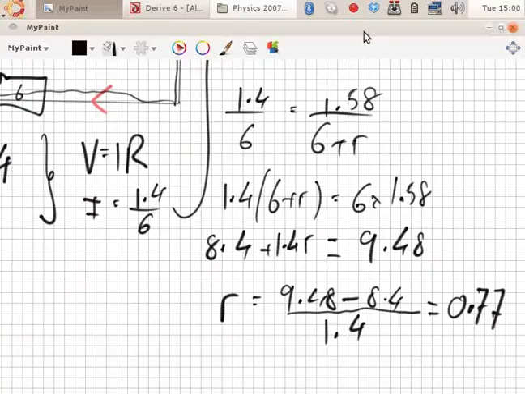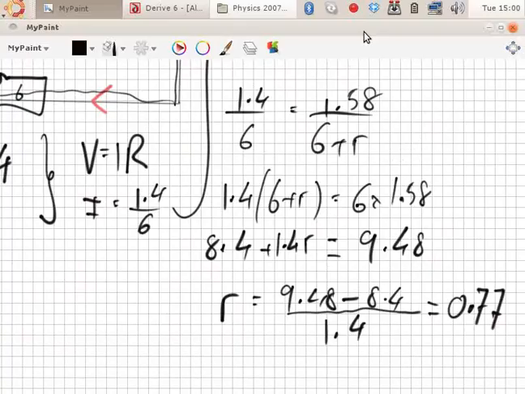So you get 1.4 over 6 equals 1.58 over (6 plus r), and you can solve it. So what's the best way to solve this? Cross multiply, so you get 1.4 times (6 plus r) equals 6 times 1.58.